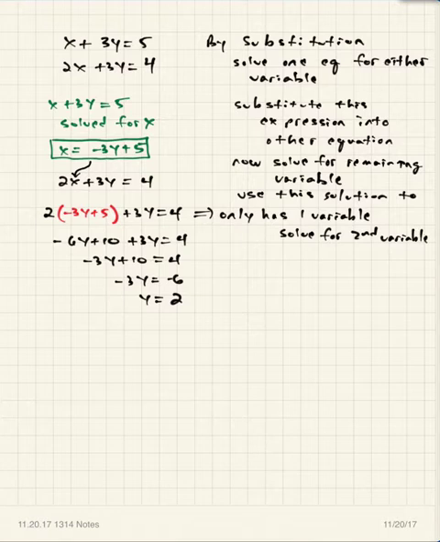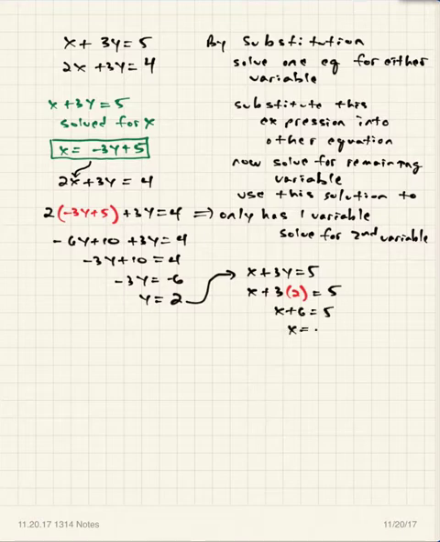And so we've got y equals 2, and then we take either equation, doesn't matter which one, by the way, and so I'll take x plus 3y equals 5. And you substitute y equals 2 in there. So you have x plus 3 times 2 equals 5. Easy enough. You get x plus 6 equals 5, x equals negative 1.